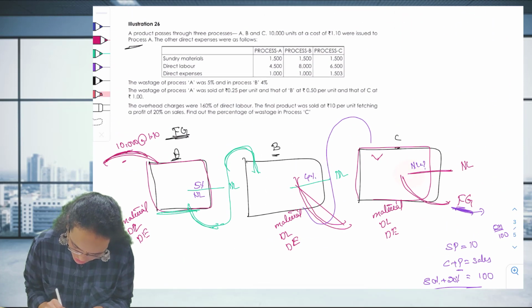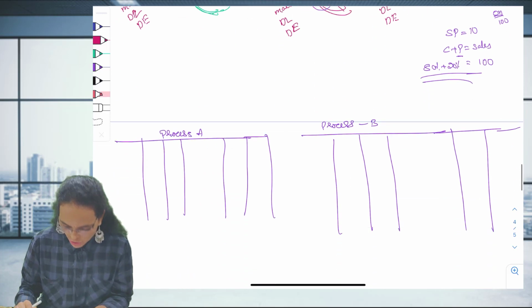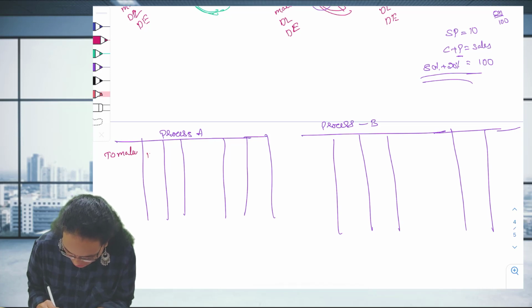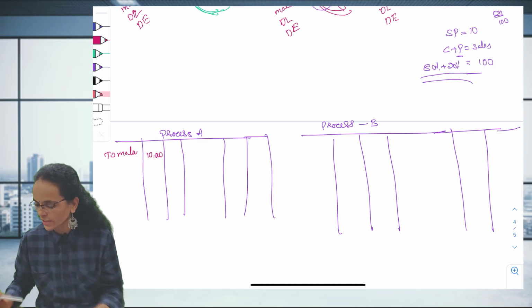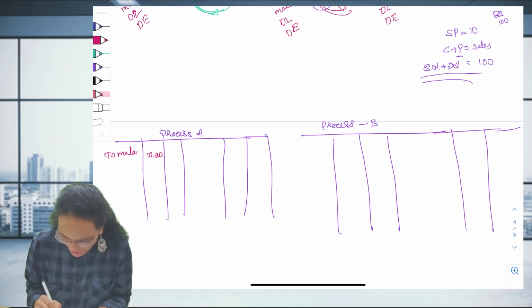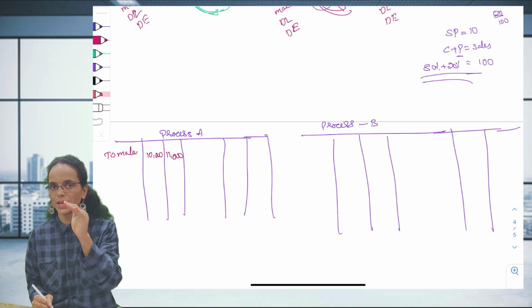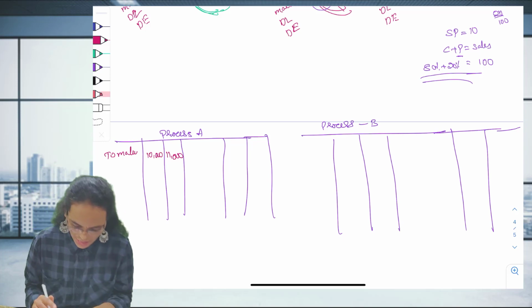Material introduced was how much here? 10,000 units at 1.1 rupee per unit. So material introduction, 10,000 units at 1.1. 10,000 into 1.1 is nothing but 11,000 rupees, the cost of the material introduced in process 1.